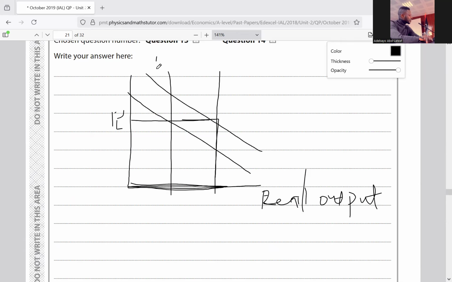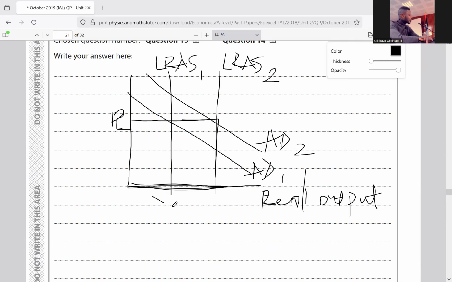We have our LRAS1, this is classical, LRAS2, AD1, AD2, and this is our price level. So these are our real output, Y1, Y2. So this represents an increase in the productive potential of the economy or an increase in productivity.